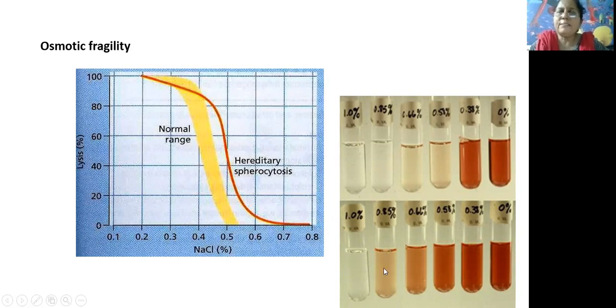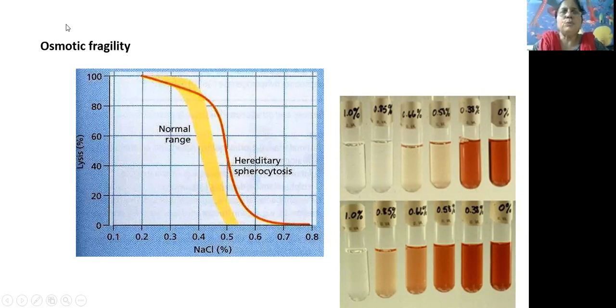Okay. It starts here. So this is the normal range for the normal person, normal biconcave RBC. Whereas in hereditary spherocytosis, the curve starts early and it is more like this. The curve is shifted to the right. Okay, shifted. So early hemolysis.